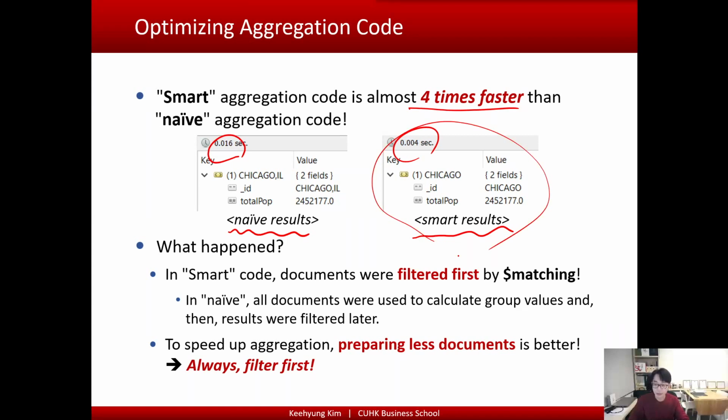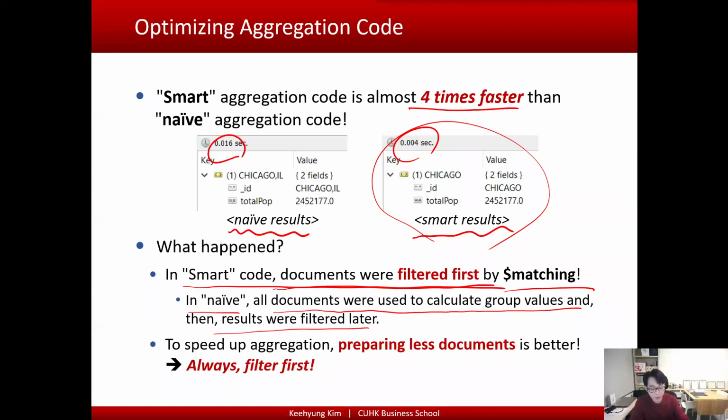So what happened is this. In the smart code, the documents are filtered first by the match operator. And in the naive code, all documents were used to calculate group values, and then the results were filtered later. So in the smart code, all we are interested in is only Chicago, Illinois, so we filter documents first.